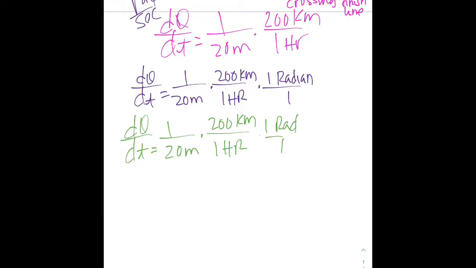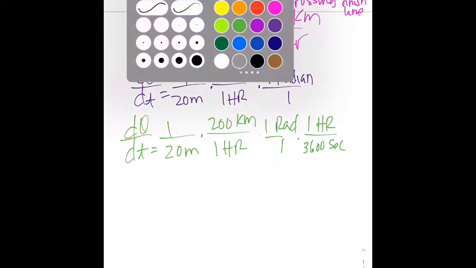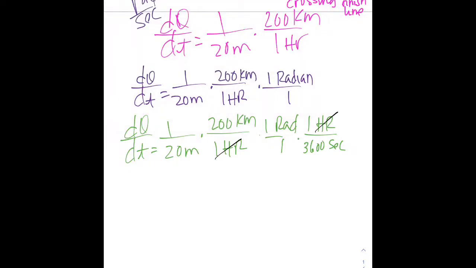Well, I do think that the hours to seconds is not difficult. I know that I want to put 1 hour up here so that I can get the hours to cancel. And 1 hour is 60 minutes. And in those 60 minutes, it's 60 seconds. So that's going to be over 3,600 seconds. So in doing that, it is going to allow me to get the hours to cancel, and I'll be left in seconds. So I'm getting close to my radians per second.